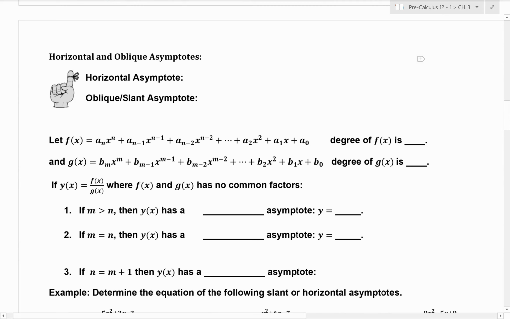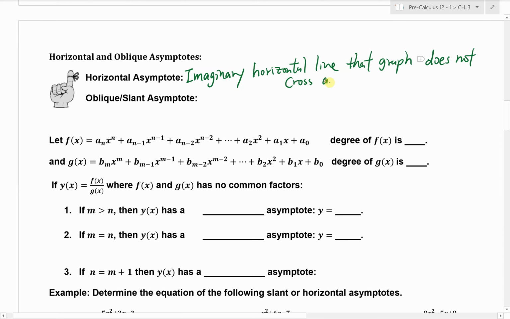Horizontal asymptote, I think we've seen that before. It's an imaginary horizontal line that the graph does not cross. Okay, here's a key, at either ends.